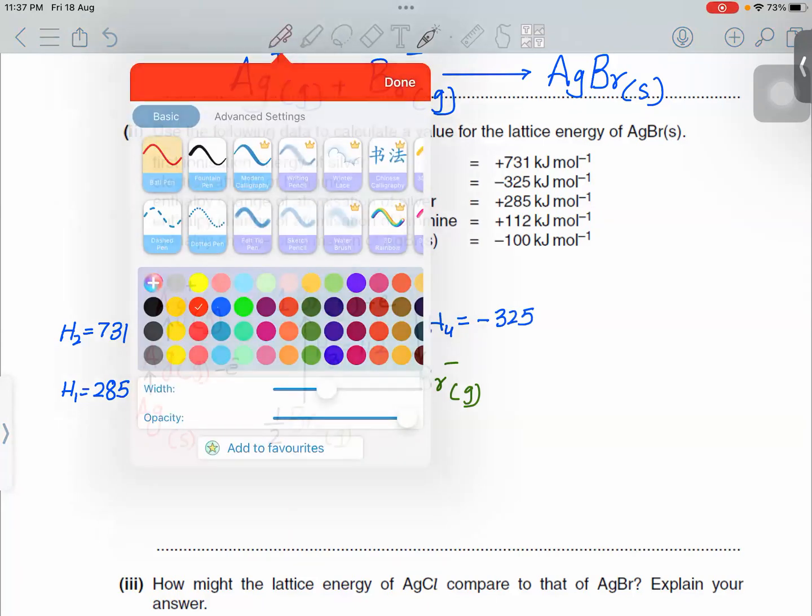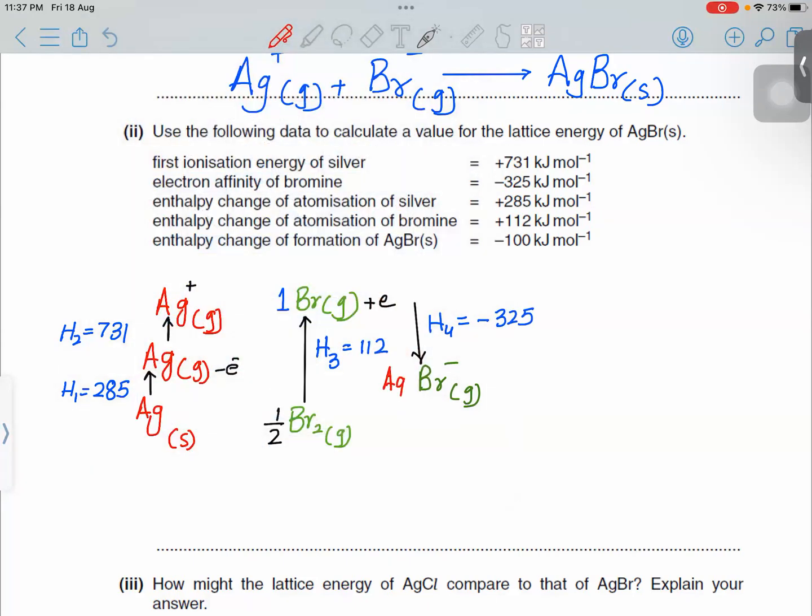So silver is here. Now they both can form an ionic bond, solid. This is H5. Can you tell me the name of this H5?